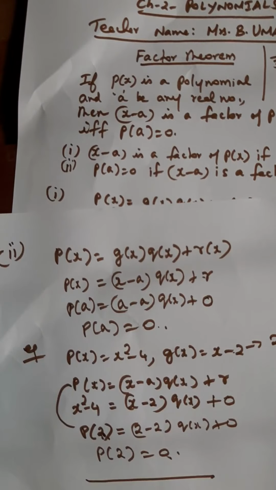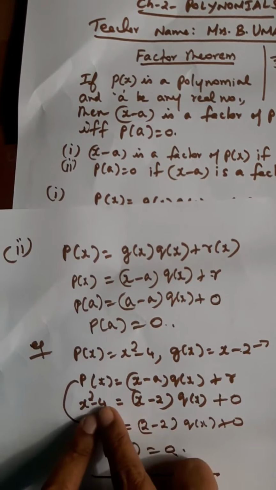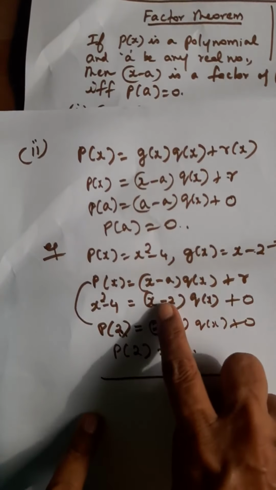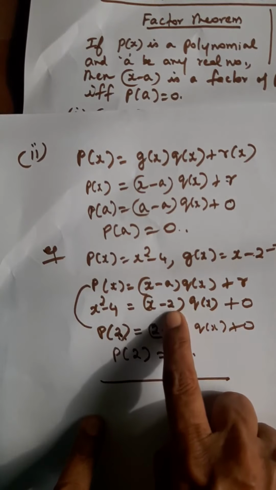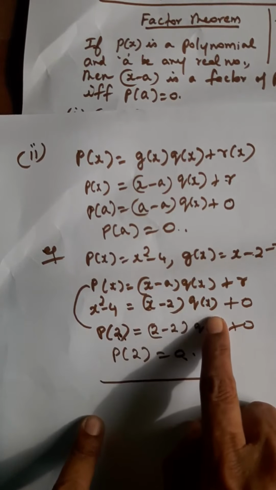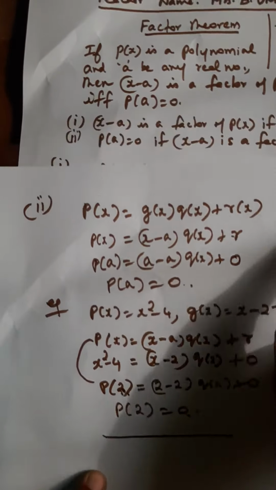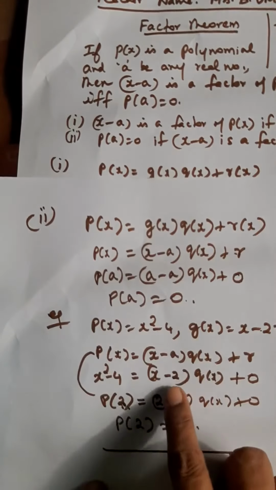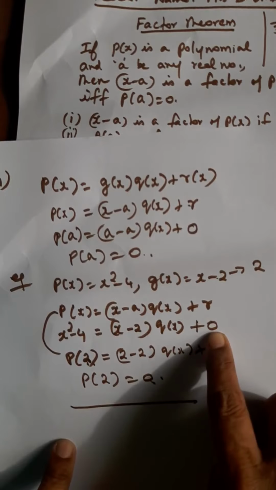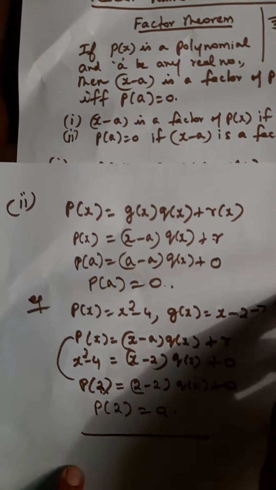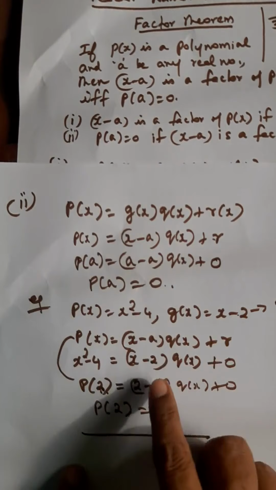In the example, instead of p of x we have x squared minus 4, and instead of x minus a, x minus 2. So in the place of a, 2 is there. Since it is given x minus 2 is a factor, the remainder is 0. But we want to prove p of a equals 0. What is the value of a? 2.